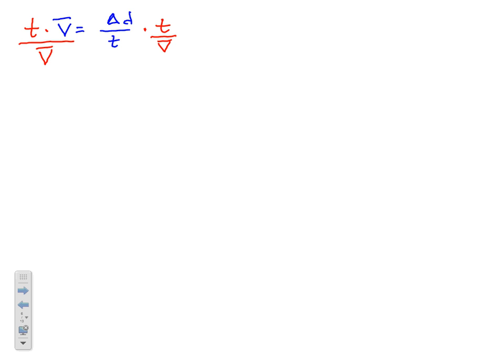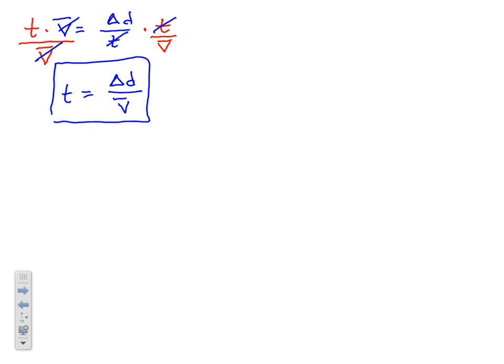Looking at how your units cancel, now we have time all by itself, and on the right side, the time will cancel, so we have our change in displacement, change in position, over average velocity. Take care with this rearrangement. I see it done incorrectly very frequently.